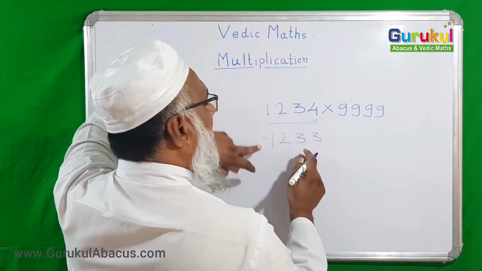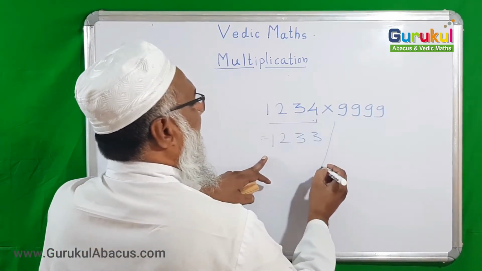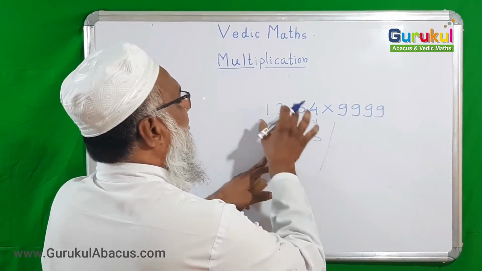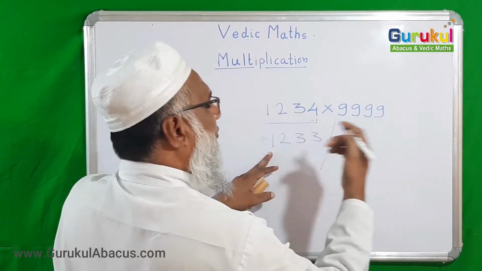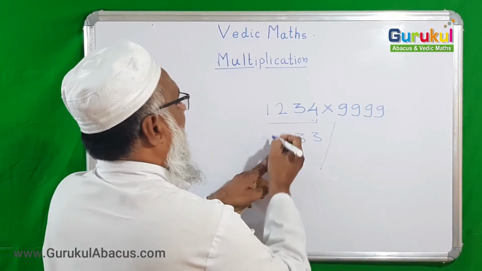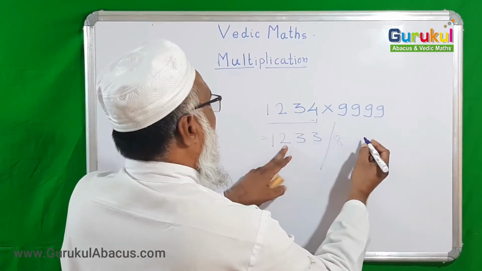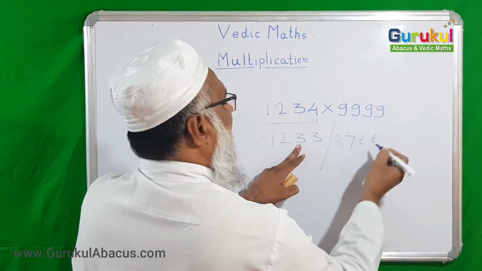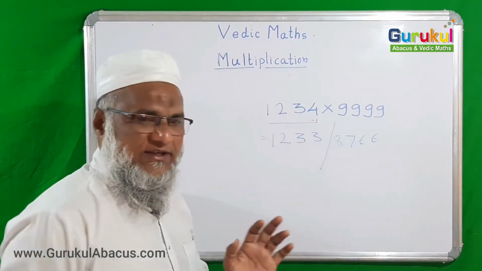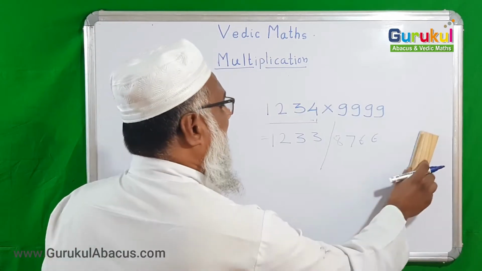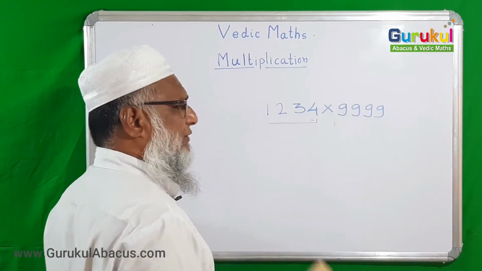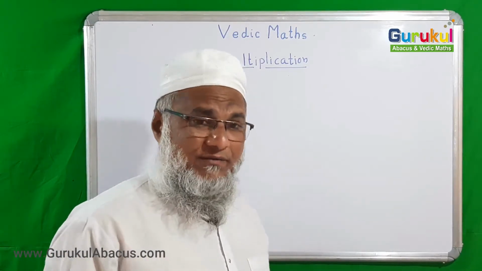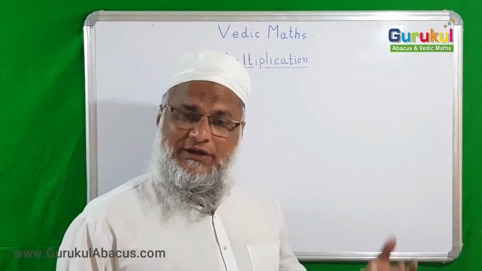It is 4, so I wrote 3. Then I put one imaginary line, and subtract all those 4 digits from 9, 9, 9, 9 to write the further part. So 9 minus 1 is 8, 9 minus 2 is 7, 6 and 6. So this is the answer. It doesn't matter whether it is 4 digits; let it be 5 digits, 3 digits, 6 digits, 7 digits, whatever, we can still solve at this speed.